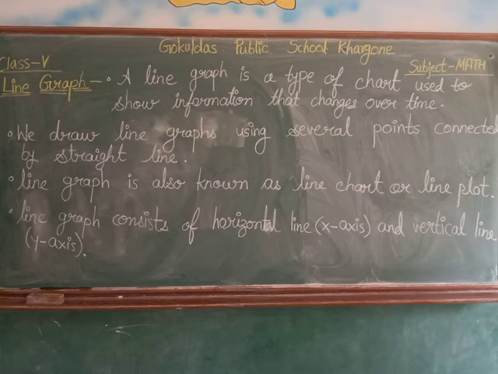Now we will see how to draw line graphs. For drawing line graphs, we draw the x-axis and y-axis on graph paper, and on the top of the graph we write the title of the line graph.